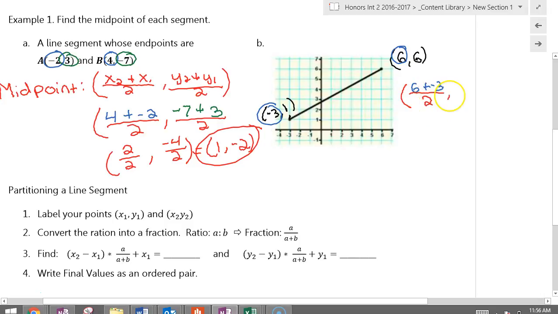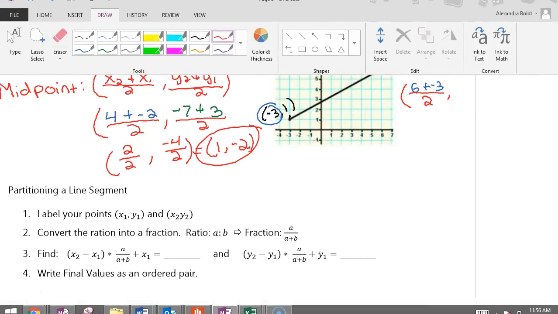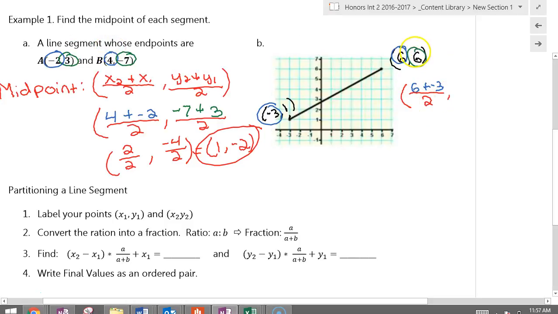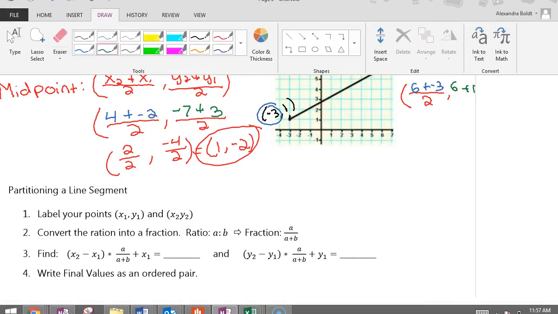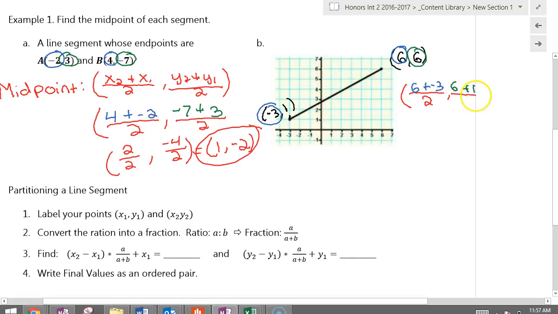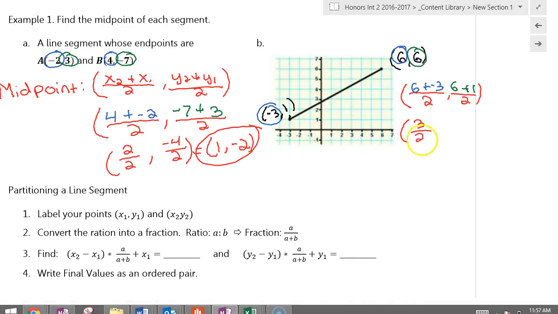Over 2. And our second y is 6. And our first y is 1. And then divided by 2. So that's 6 plus -3, that's 3 over 2. And then 6 plus 1, that's 7 over 2.